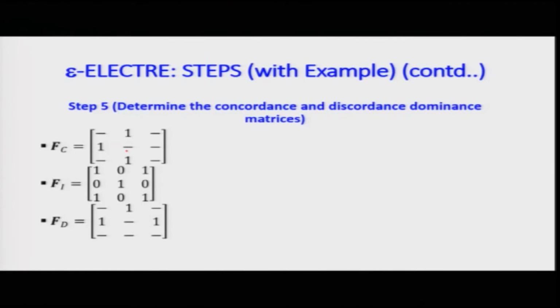So, once I have the F set for C, I and D, the values are coming out to be these. Remember, for the principal diagonal, they may be symmetric, definitely symmetric for the I indifference concept, but not for the D and C. So, if you check, I will use the red, this color scheme has nothing to do. So, this is symmetric, and here in D this is symmetric.